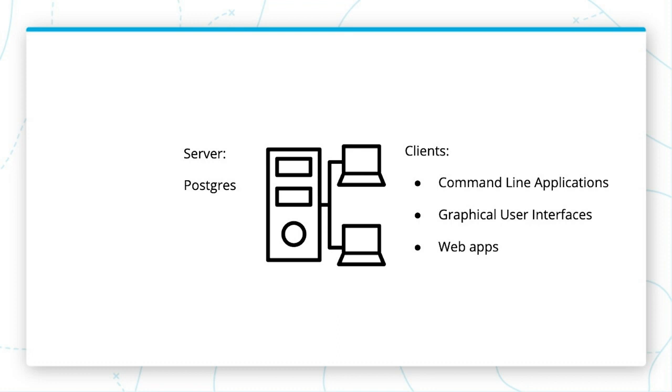They could be command-line applications, they could be graphical user interfaces that you download to your computer, or in our case, they could be web applications that request certain things of our Postgres server and expect responses in order to fulfill user requests. You can also have multiple clients in multiple forms, all talking to the same server at once, using the same communication protocol that exists across the entire network.